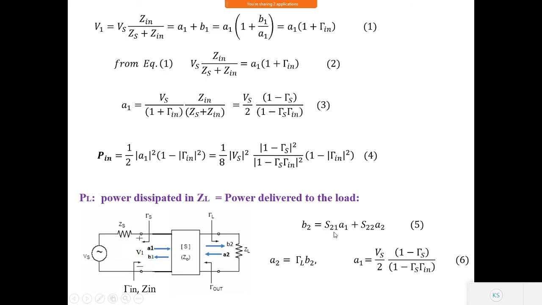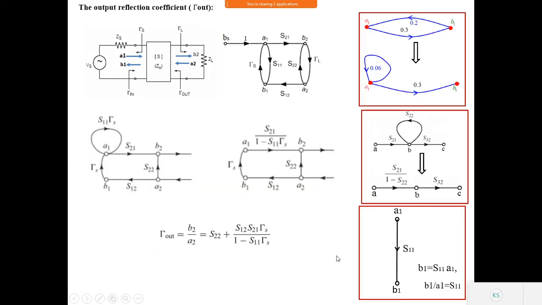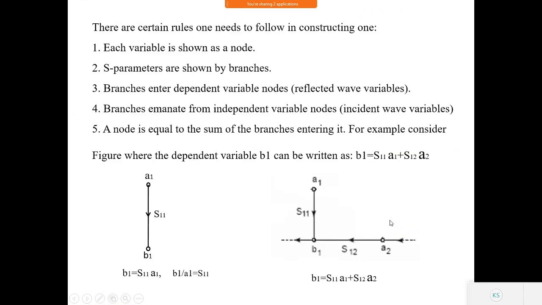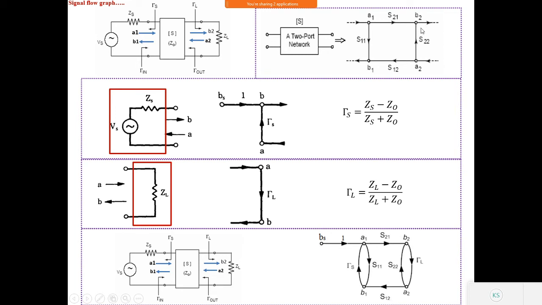So what is B2? From the S matrix of this two port network with the load, we can write B2 equal to S21 A1 plus S22 A2. From the signal flow graph, B2 is the addition of these two signals: A1 times S21 plus S22 times A2.